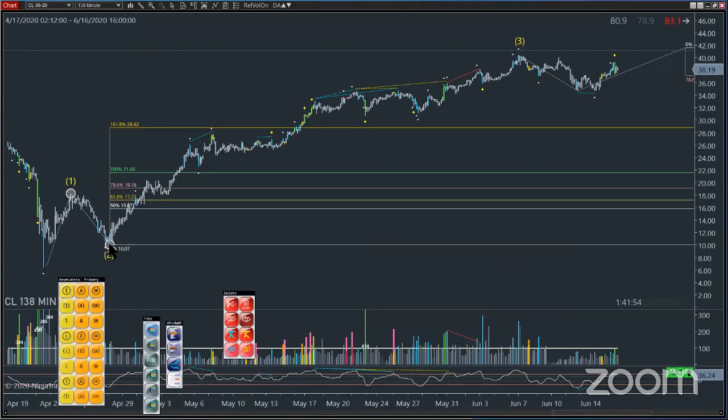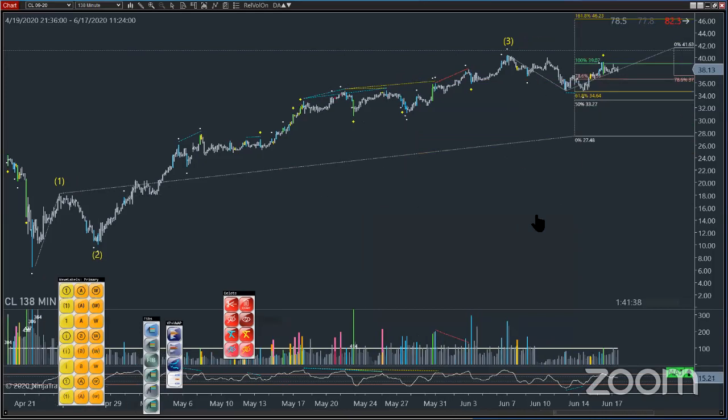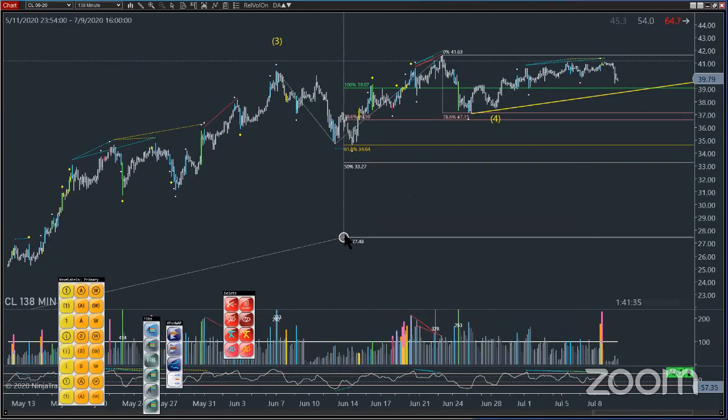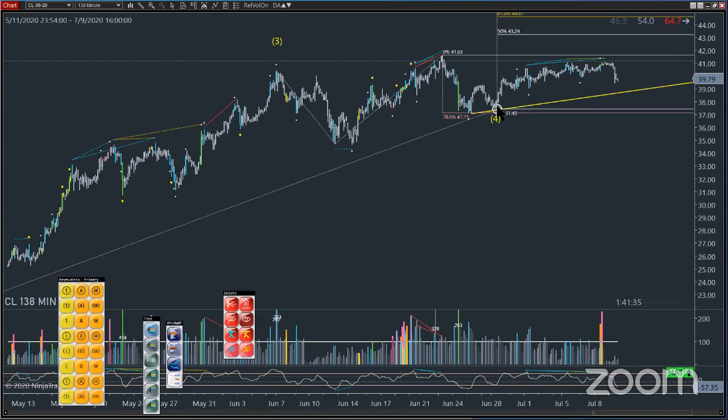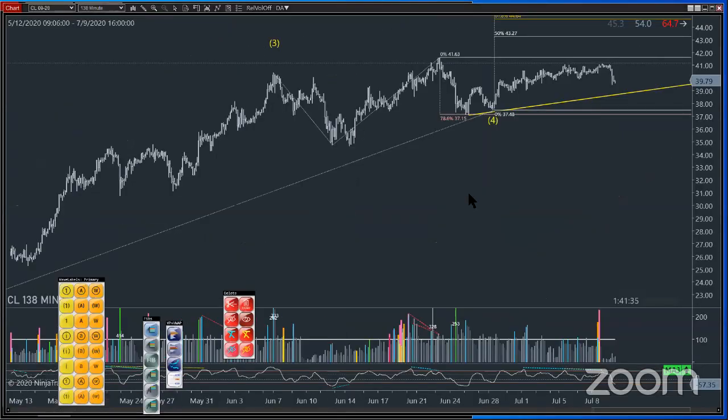And then I'm going to take this and project it from the end of wave four, which I know looks funny, but pretty sure that's, I can't say I'm super sure, but looks to me like we've got an ABC up here or a double three up.